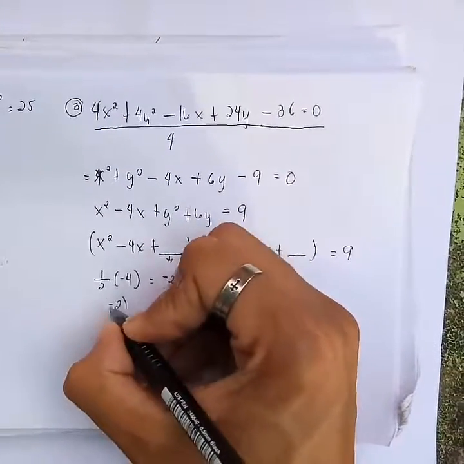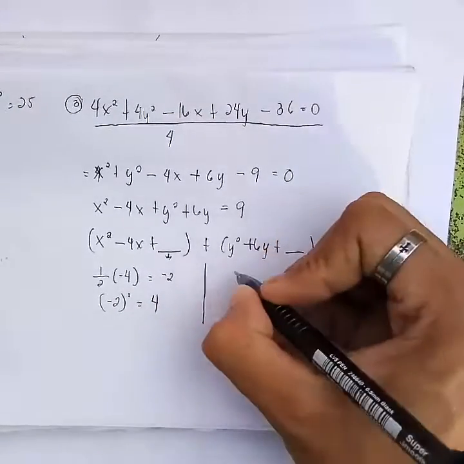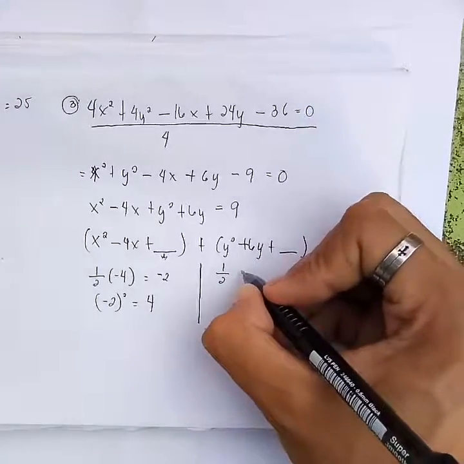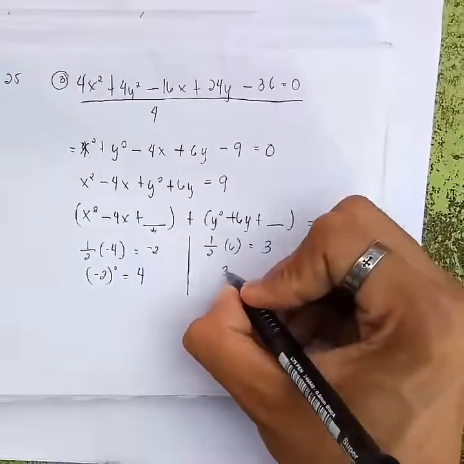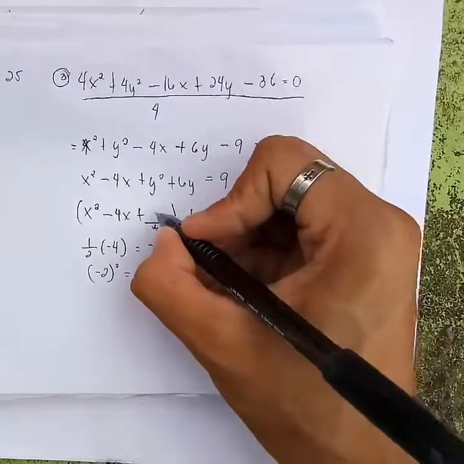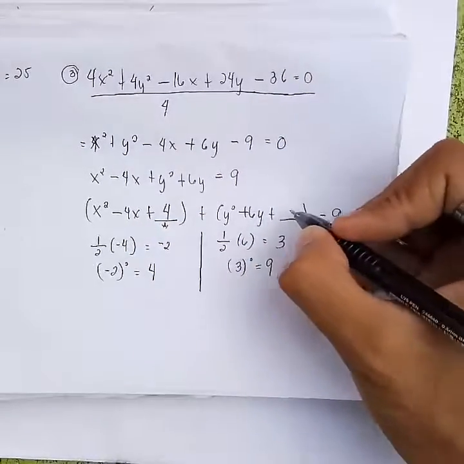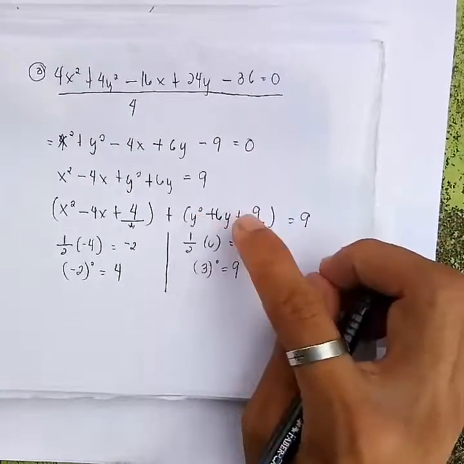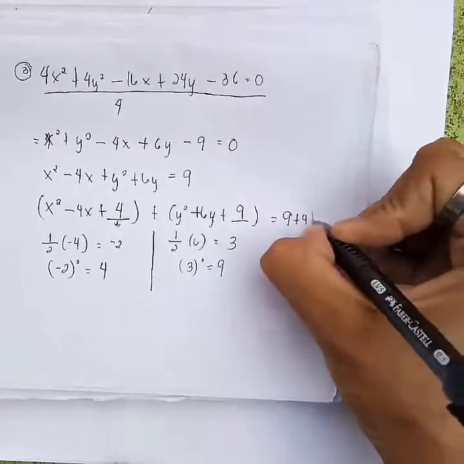And negative 2 squared is equal to positive 4. The same here in y. 1/2 multiplied by 6 is equal to 3. And 3 squared is equal to 9. So the missing numbers here are 4 and 9. And actually, we add 4 and 9 here. Therefore, we will add 4 and 9 on the other side also.